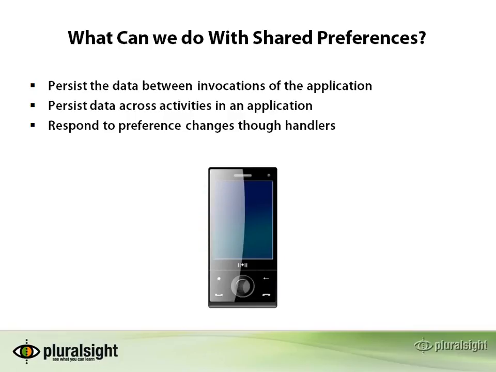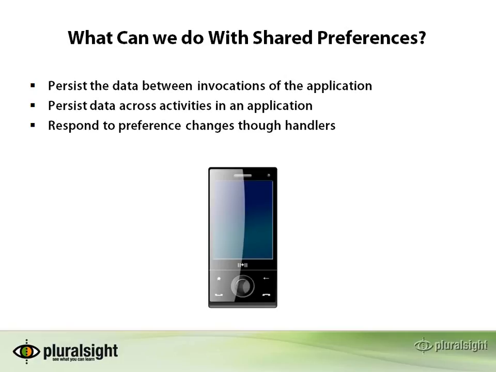Well, that's a good question. We need to figure out, why is this a benefit to us? Well, the first thing I think we had mentioned already is that you can persist the data between invocations of the application. And that doesn't seem like that big of a deal, but when you realize how easy it is to store your data with shared preferences and how valuable it is to be able to grab that data between invocations of an application or an activity, then you can see why shared preferences are so useful.